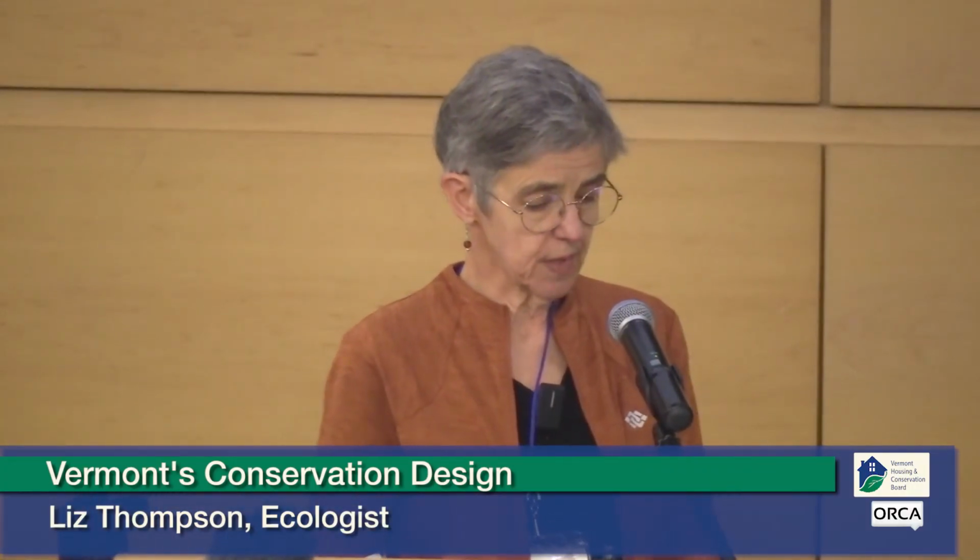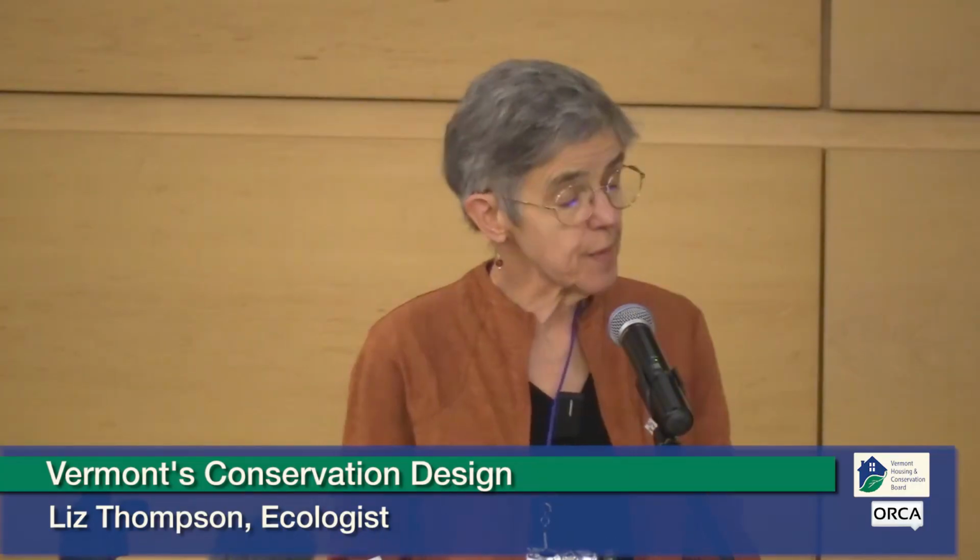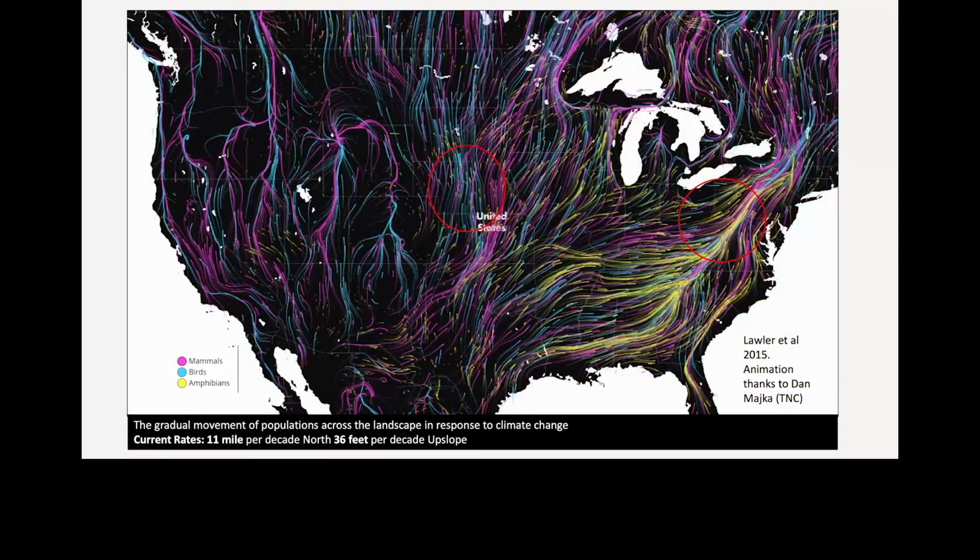So here's North America. And here's where we are in North America. If you look at this map of forests in North America, we are here in New England, in a really incredible landscape worldwide.